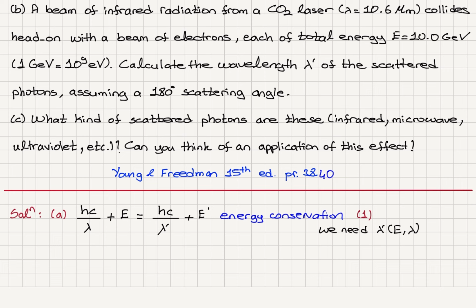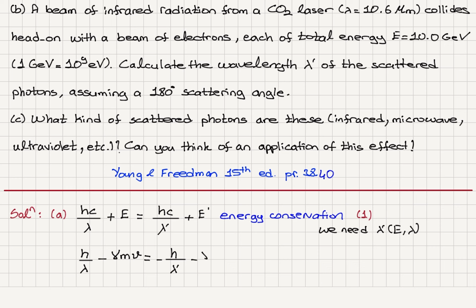The momentum conservation, everything is happening on the x-axis. So we have the incoming photon momentum h over lambda. The electron is moving in the minus x direction, so minus gamma mv is its momentum. And then the photon moves in the minus x direction, minus h over lambda prime.